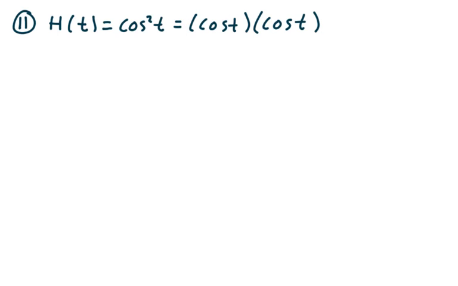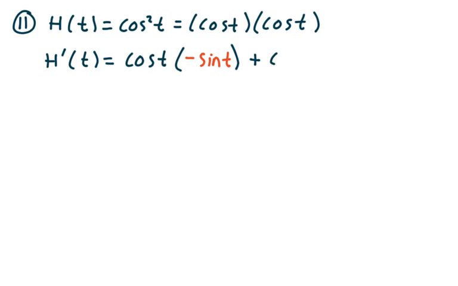And this is a classic product rule problem. So h prime of t, we're going to write down the first function, which is cosine t. We're going to take the derivative of the second function, which is negative sine t. So again, the derivative of cosine t with respect to t is negative sine t.